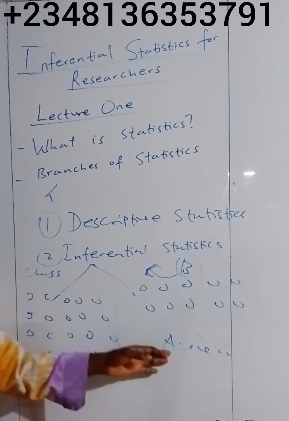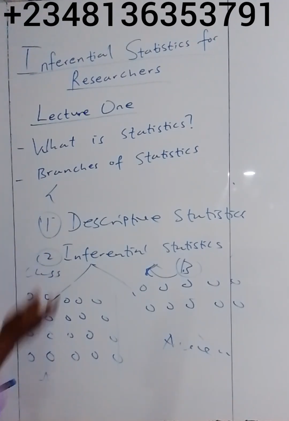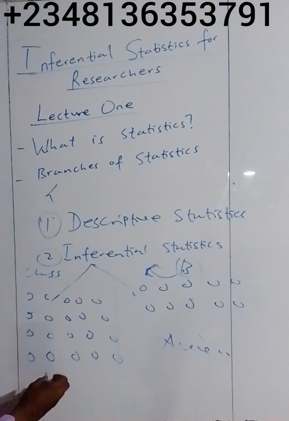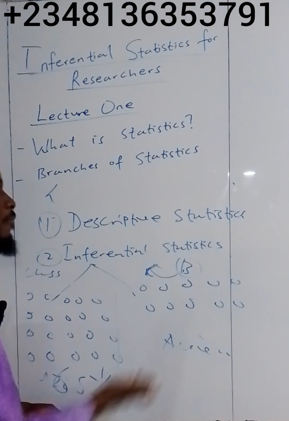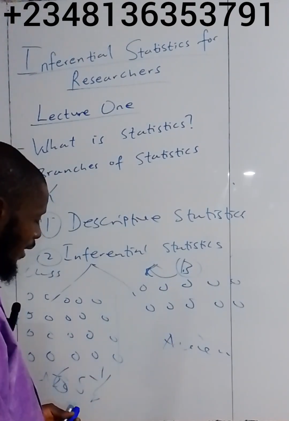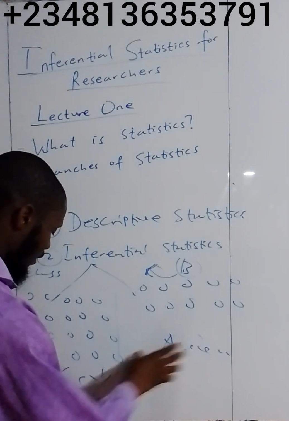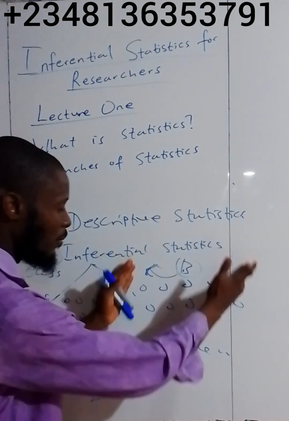For example, let's say there's a proposition that the average score of the students in the class is 65%. I may want to check whether that proposition is correct by taking a sample of just 10 students, finding the average, and using certain statistical tests to check whether this proposition is correct based on the information I have in the sample.